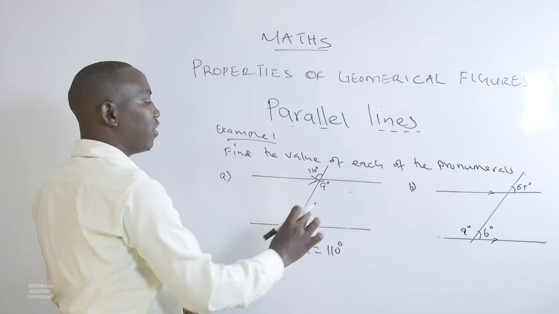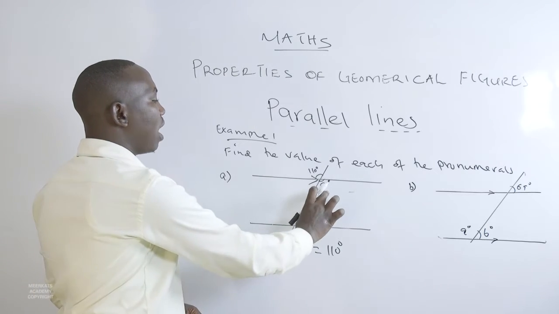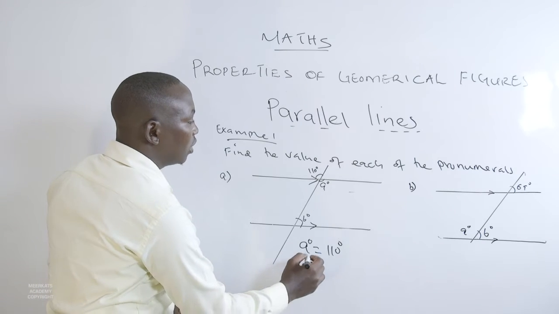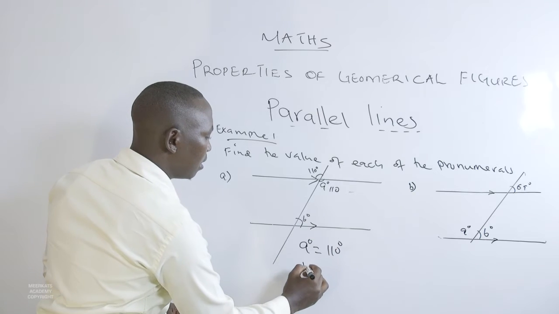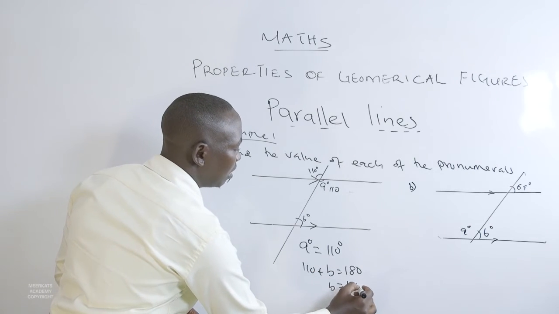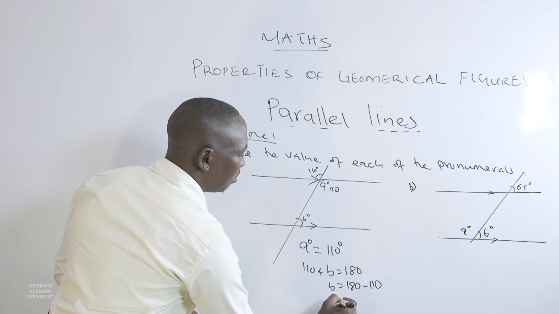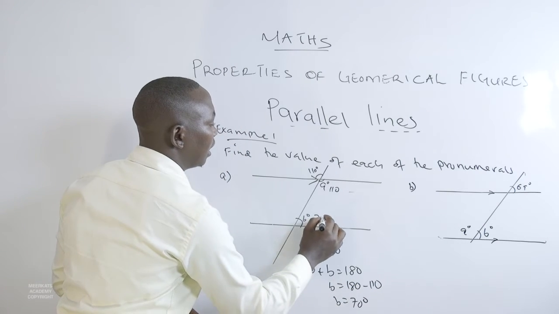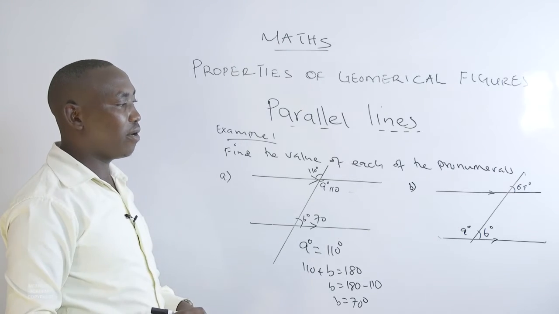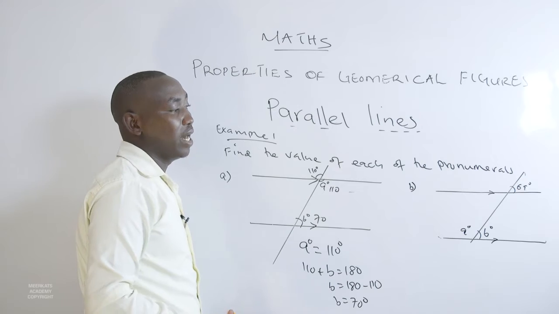Now, to find the value of B, these two angles are co-interior angles, which we said are supplementary in nature. So if you take 110 plus B, you must get 180. That means that B will be 180 minus 110, meaning that B will be 70 degrees. And you can fill all the other angles as might be required.